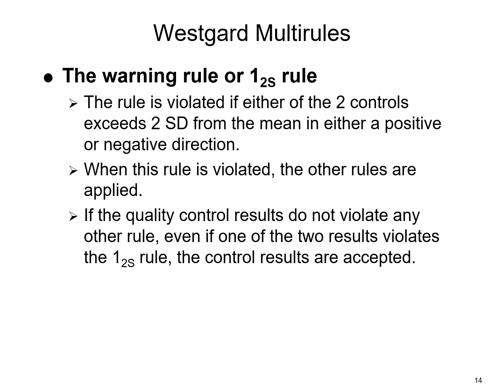So again, the 1-2S rule means that that particular value of either of your controls, it doesn't matter if it's the high or low, and again, some labs may run 3 controls, but when we're comparing these, at least 2 values have to be within. So one rule is violated if either of the 2 controls exceeds 2 standard deviations from the mean.